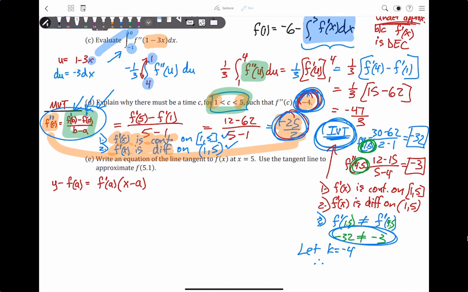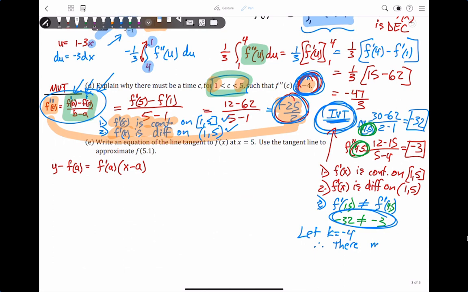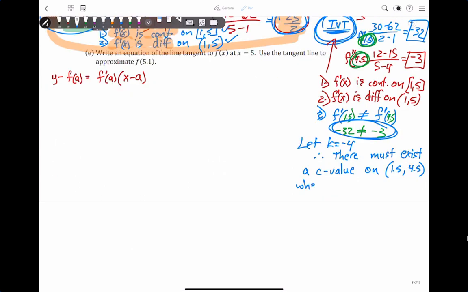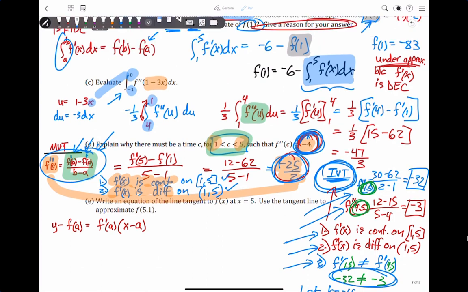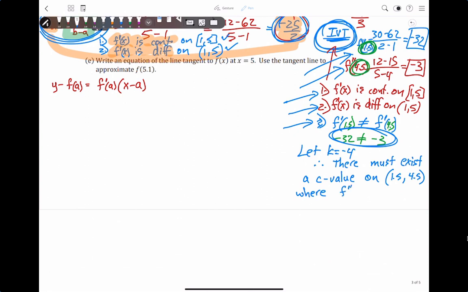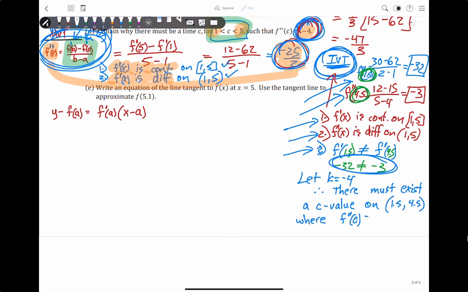Therefore, since k is in between those y values, there must, and this is per intermediate value theorem, there must exist, in this case, a c value between 1.5 and 4.5, non-inclusive, where f double prime, because that's what we're looking for over here, and again, the stipulations we're looking at f primes, but using this intermediate value theorem, we're going to go to the f double prime interpretation, where f double prime of c would in fact equal negative 4. Okay, so that's how we're going to determine that.